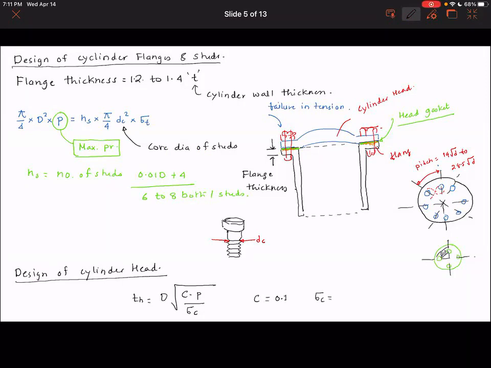Sigma C is the circumferential stress in the cylinder head that can go from 30 to 50 Newton per millimeter square.